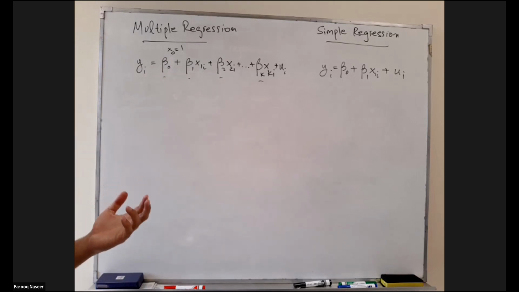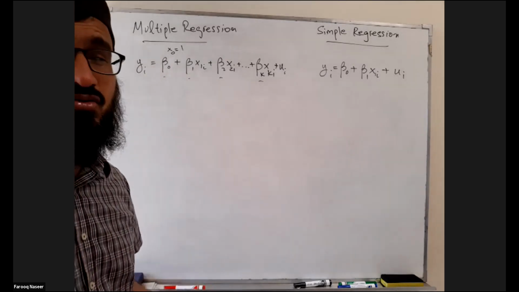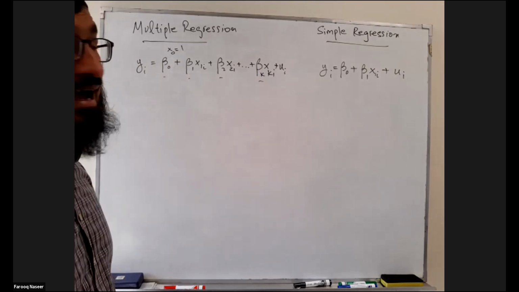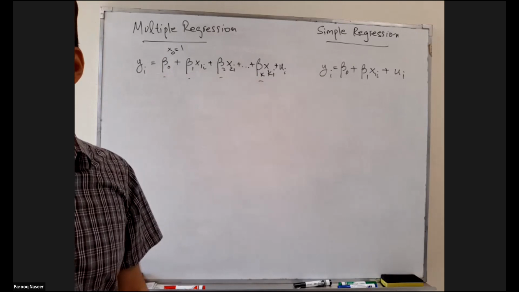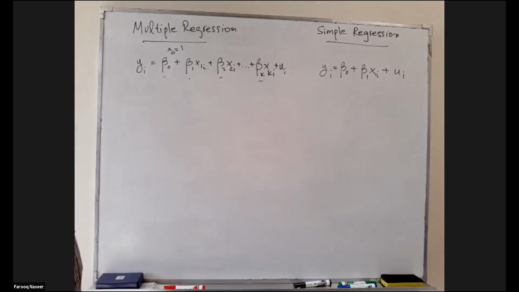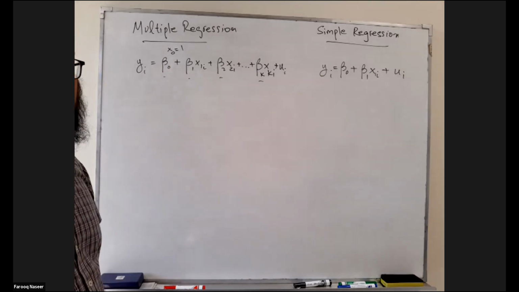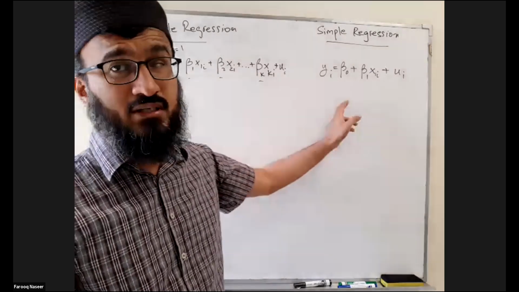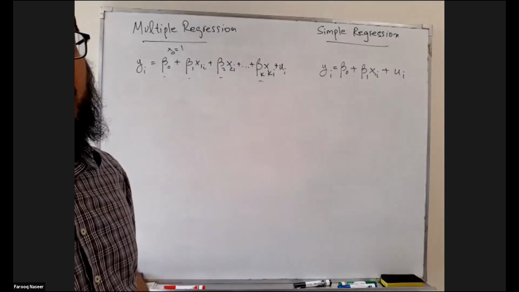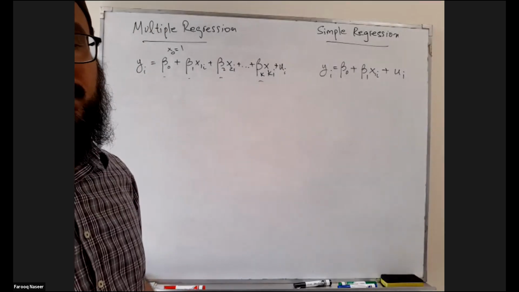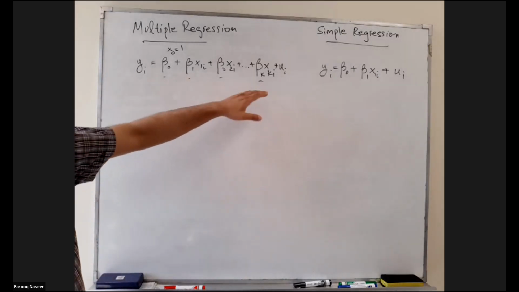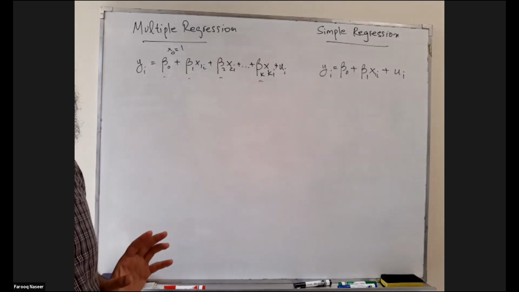Now the first problem is estimating the coefficients. So these are population regression models. They have some unknown beta parameters whose values we would like to know using data. We would like to estimate those values. We know how we do that in the case of a simple regression. We can use the same method, minimize the sum of squared residuals, the ordinary least squares method, to obtain estimates of the beta coefficients in a multiple regression.